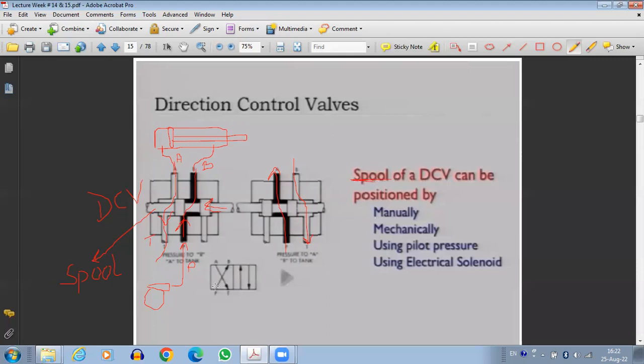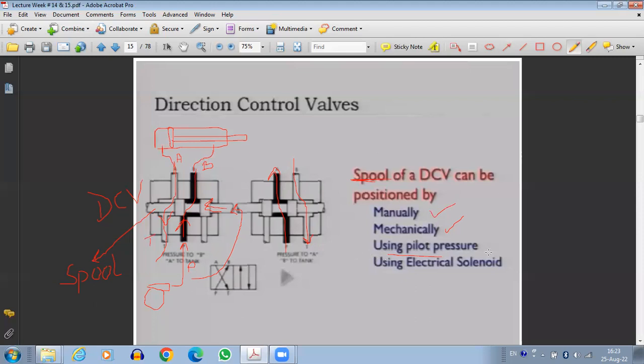Okay, now how can we move the spool? The moving of the spool can be done manually, or mechanically, or by using a pilot pressure. Pilot pressure is what? We have the pressurized fluid. If we take a small amount of the pressurized fluid, a bleed out of it, and connect it to one side of the spool, it is going to make the spool move whenever we want it to move.